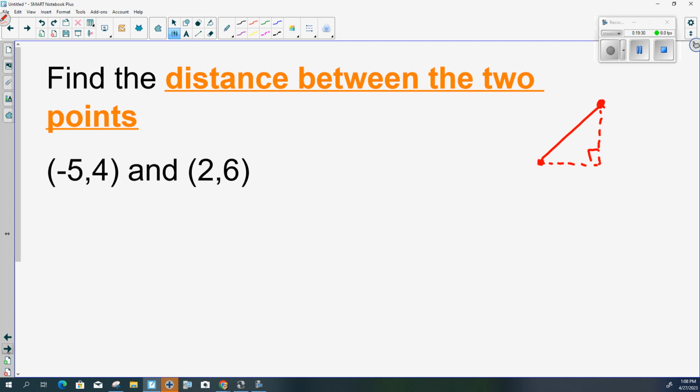The distance formula comes from the Pythagorean theorem. It will make your life a lot easier if you can see that connection. So if I find the difference in my x's, it's going to give me this value. It's going to give me a number. So that's how the distance formula starts out.